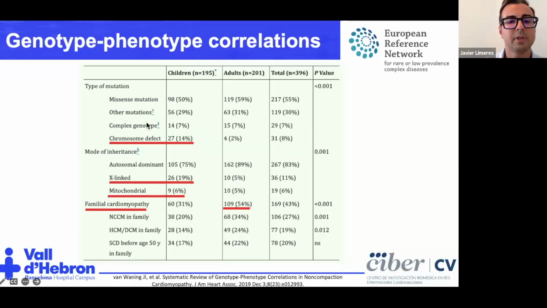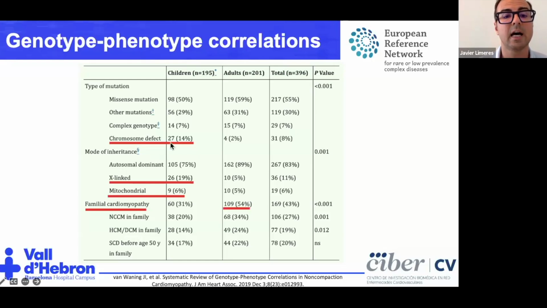For example, when we study the genetics of the children and of the adults, we can find differences, because in children we find more chromosome defects, more complex defects in the DNA than, for example, in adults. So the children are more different from the usual findings of the genetics of cardiomyopathies. And we can find more mitochondrial disease, and sometimes genes or defects in genes related with muscle disease, than we find in adults.